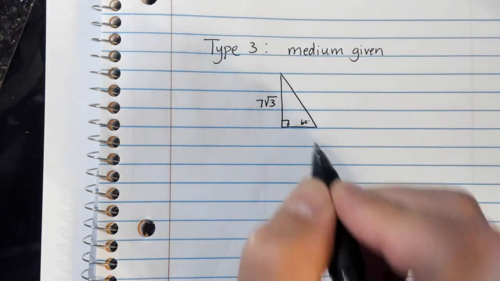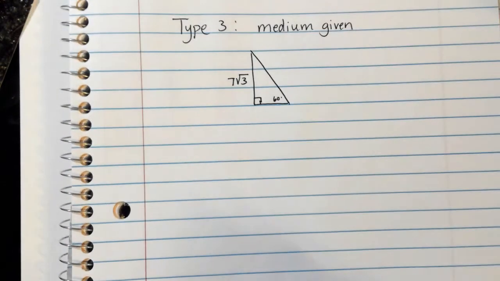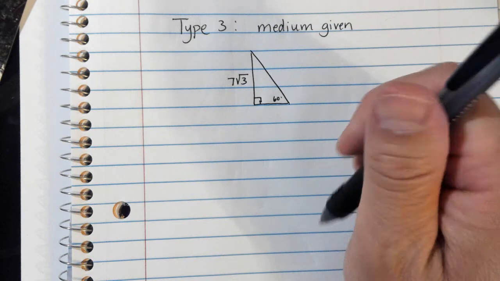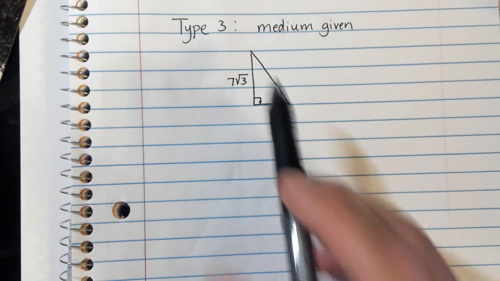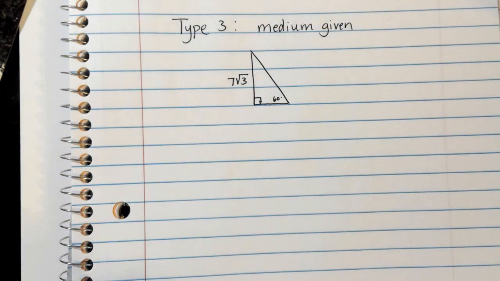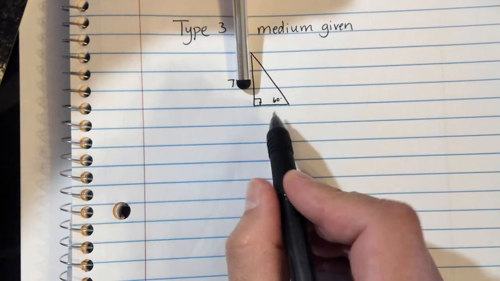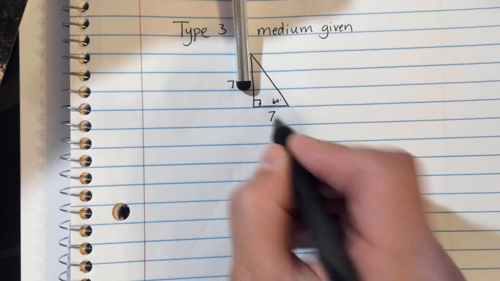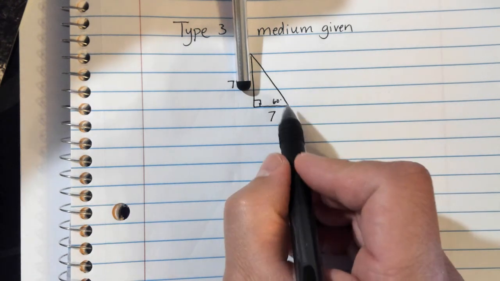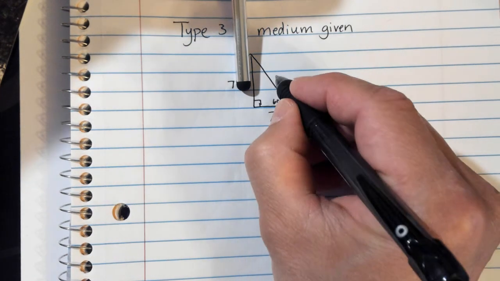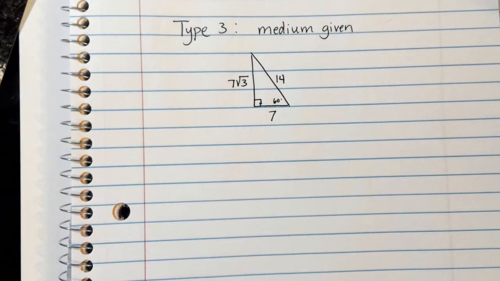I don't have the slightest clue what that is, by the way. The pattern: if you ignore the radical 3 part, then that is exactly how big the small side is. And then the hypotenuse is double the small side. Voila!